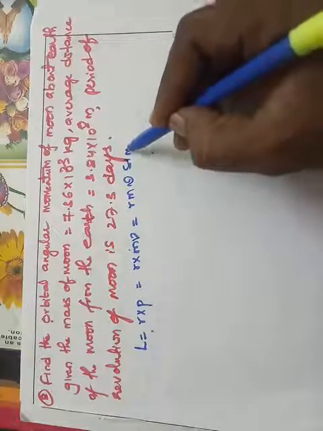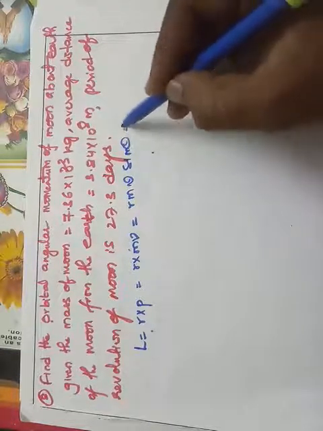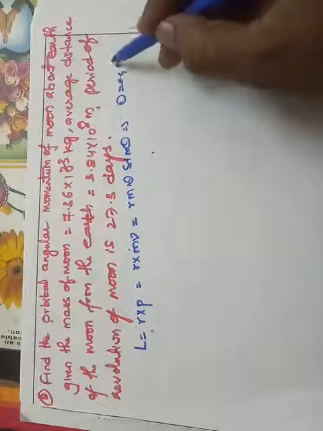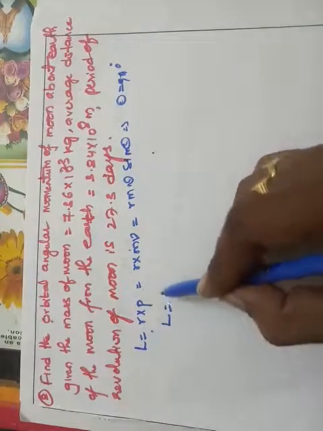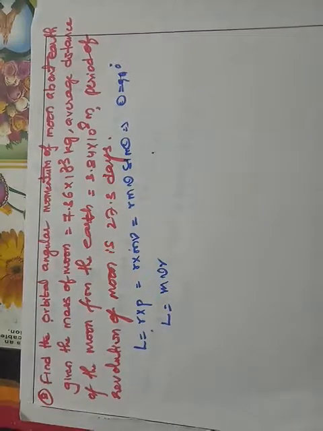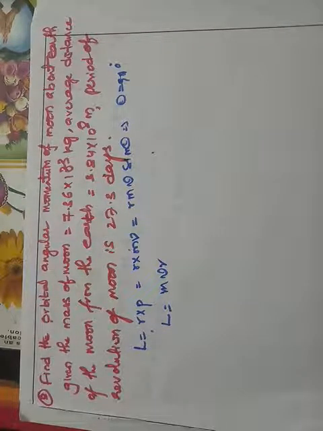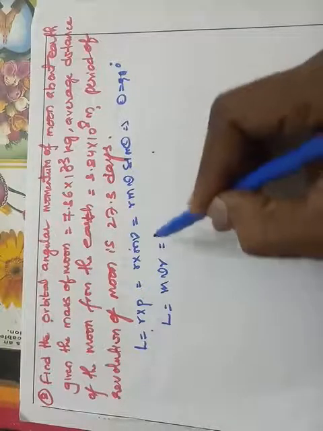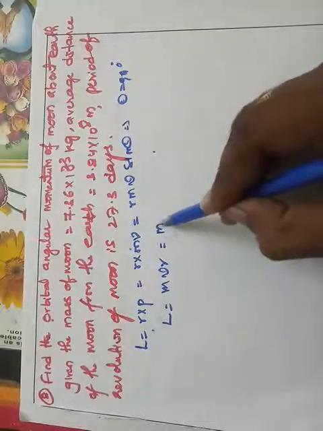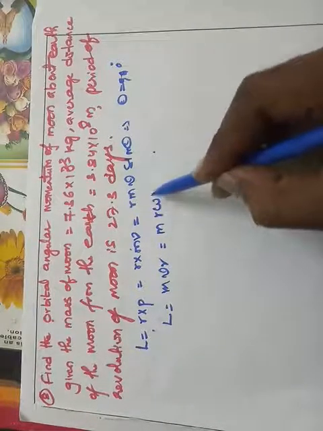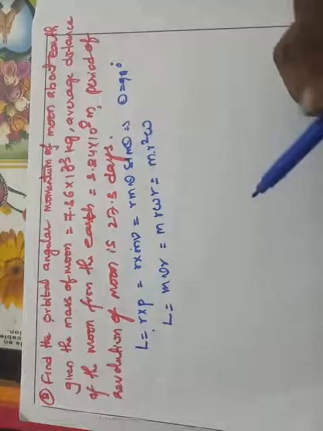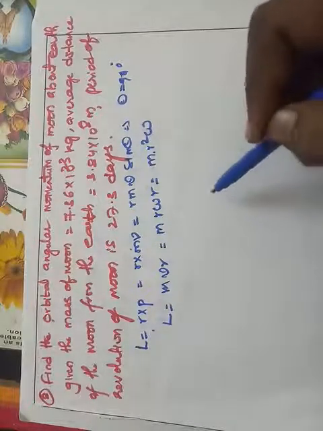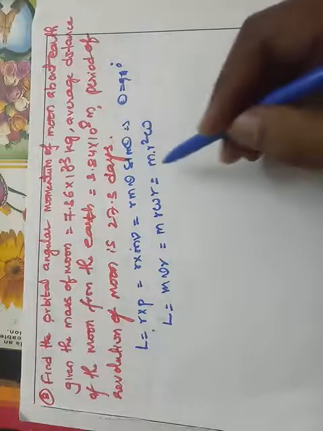But the theta is equal to 90 degrees, that is why we will write L is equal to m v r, and we know that v equal to r omega. Substitute v equal to r omega into this equation, and finally we will get m r square omega. So now substitute all the values in this equation.